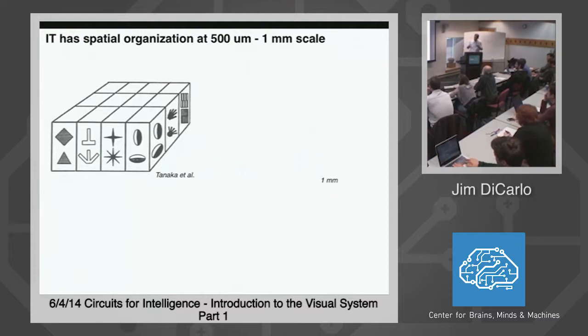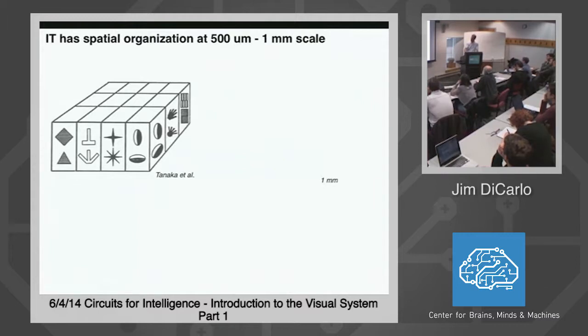Or similar orientation, live nearby. That's an orientation map. In IT, there's some sort of spatial structure on the scale of around 500 microns to a millimeter. Tanaka's group is the one who first pushed this idea, and when they reduced their features, they showed that nearby neurons tended to have similar features. They drew it like this in the hope that it is a visual model of what they thought was going on from their data.